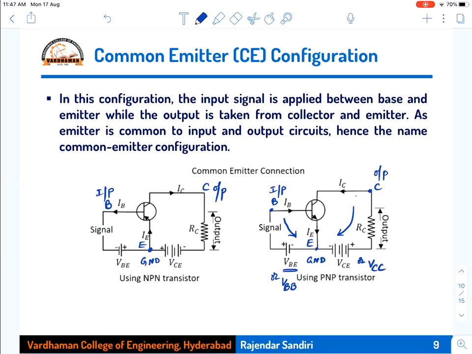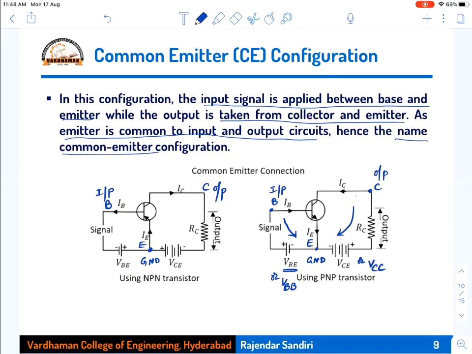And these batteries should forward bias the emitter junction, reverse bias the collector junction, so that it should be operated in the active region. Now the input signal is between base and emitter, while the output is between collector and emitter. As the emitter is common for both the circuits, hence the name common emitter configuration.